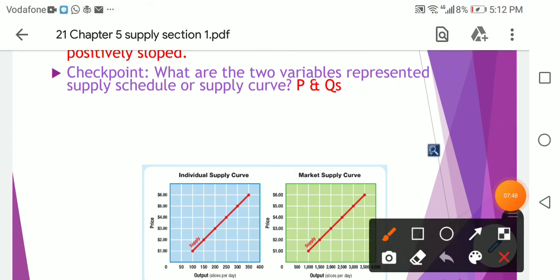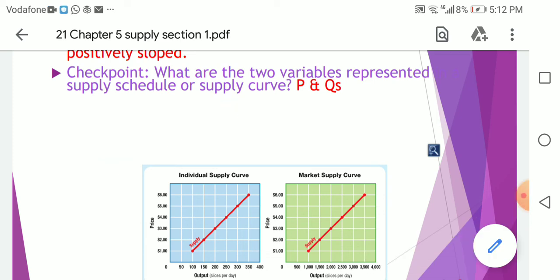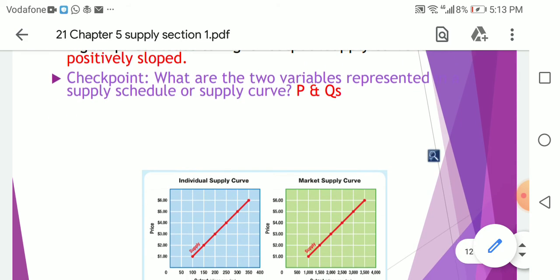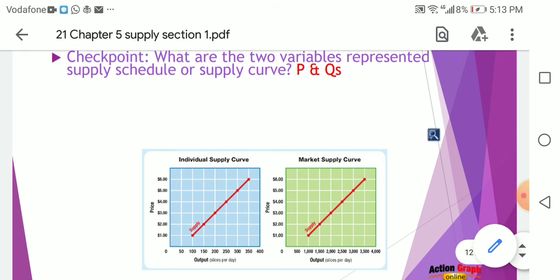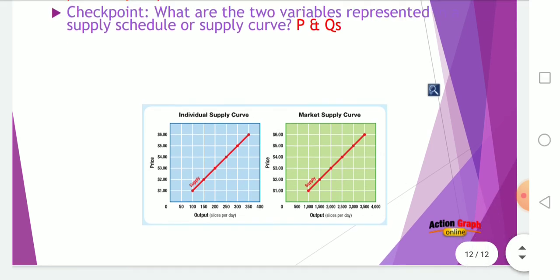Okay, as we see here, it's positively sloped, and I have to know that whatever increase in prices, whatever increase in supply, quantity supplied. What are the two variables represented in the supply schedule or supply curve? The price, of course, and the quantity supplied.